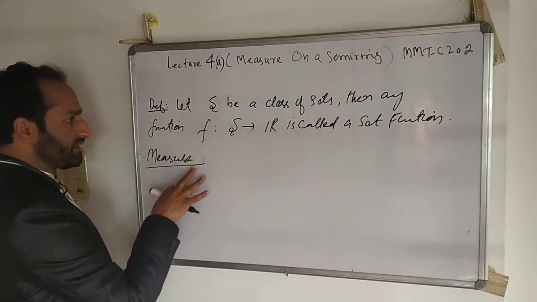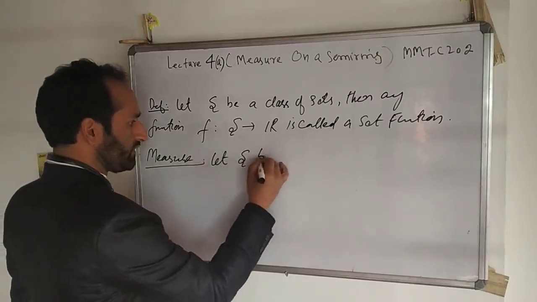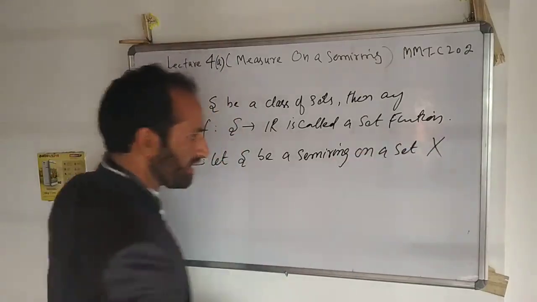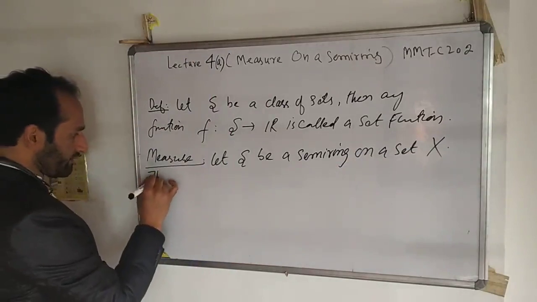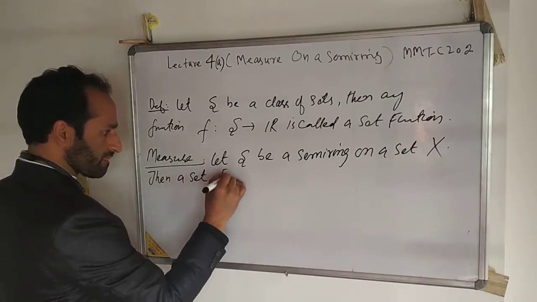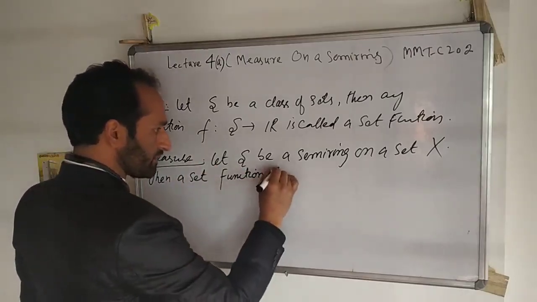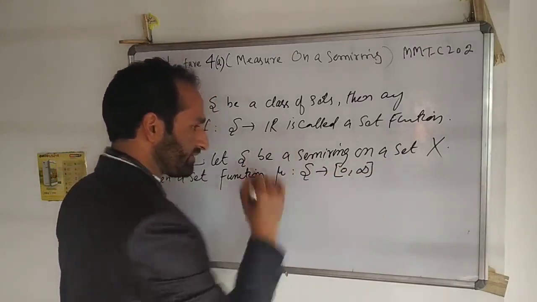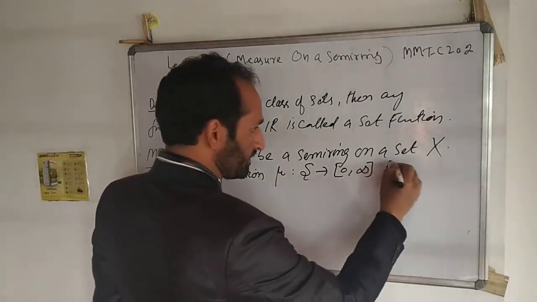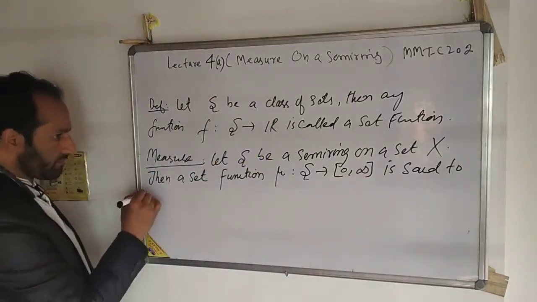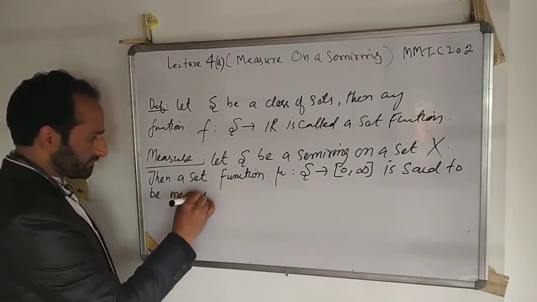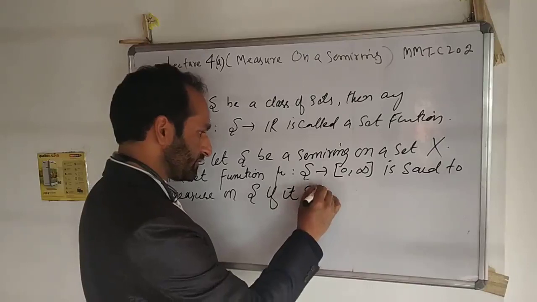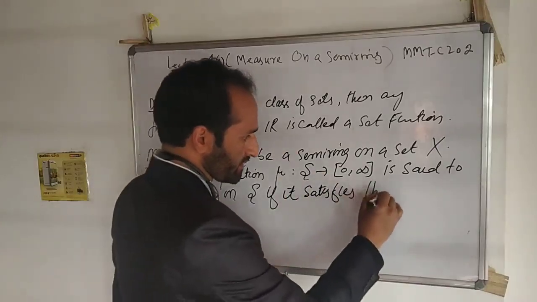But in this measure, let S be a semiring on a set X, then a set function, which we denote by mu, from S to 0 to infinity, including infinity, is said to be a measure on S if it satisfies the following properties.